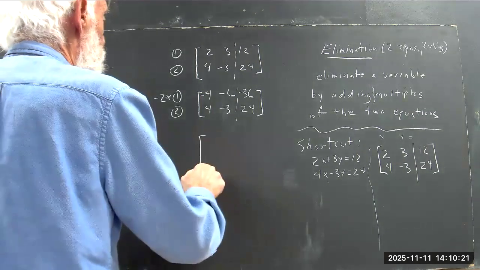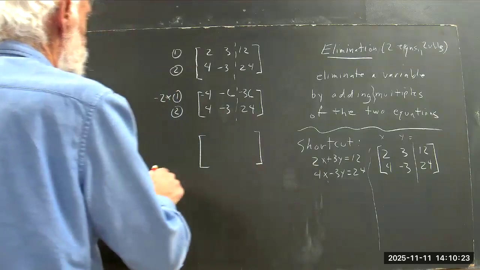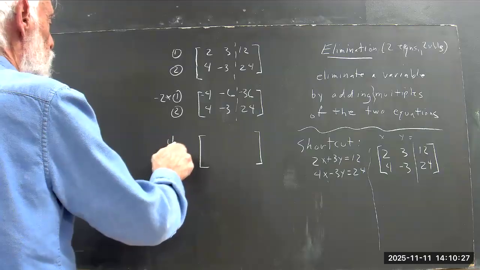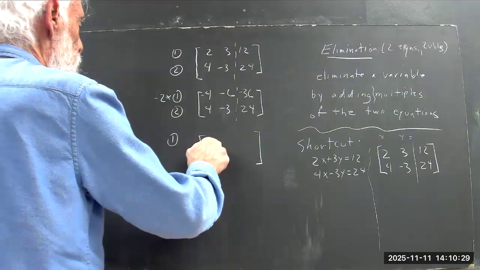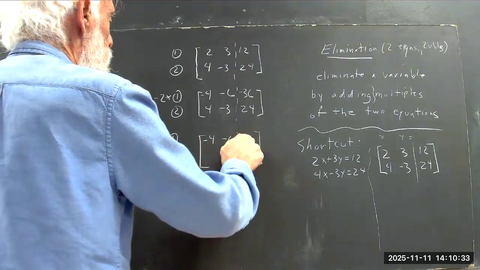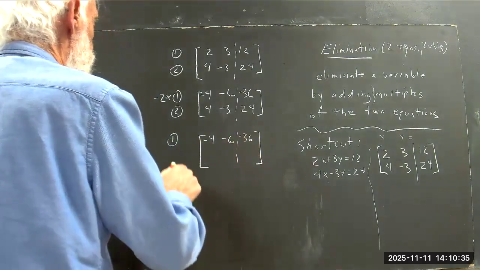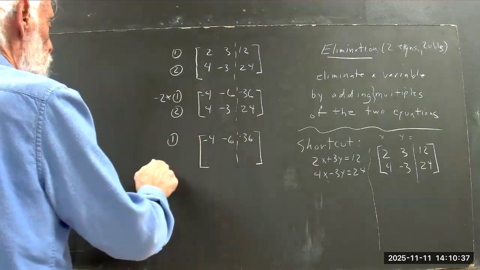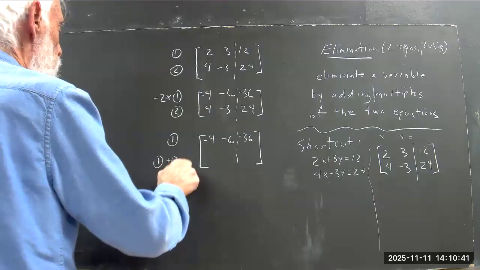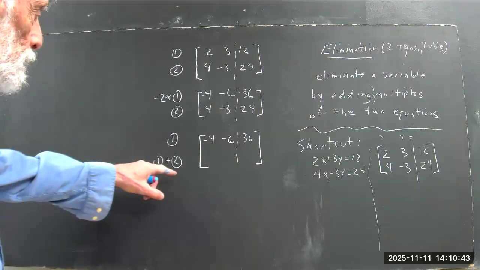And then what do we do? We just write row 1. We don't change it. But row 2 becomes row 1 plus row 2.